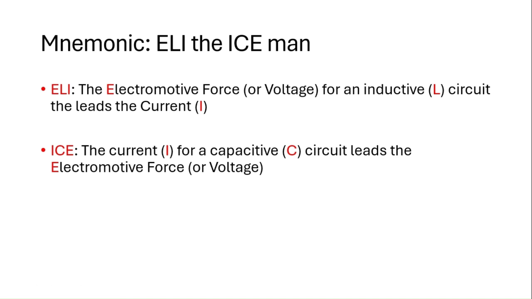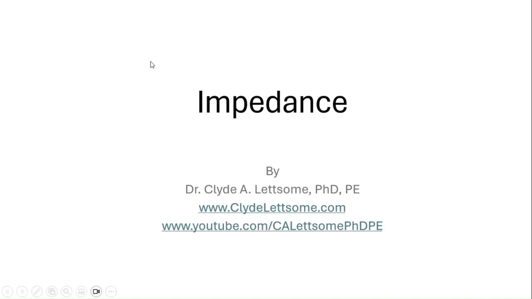Okay. And again, all of that is happening because the impedances within the circuit, whether it be capacitor, resistor, inductor, a combination of them, or whatever, are causing the voltage and current to become out of sync. All right. So that's our explanation here of impedance.